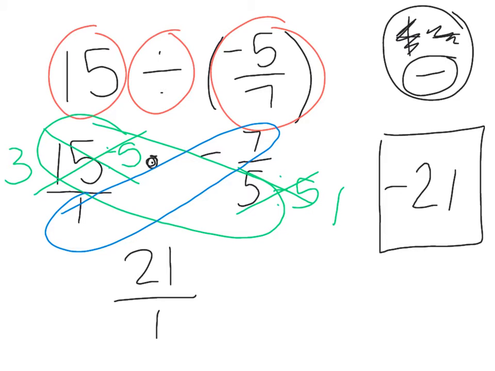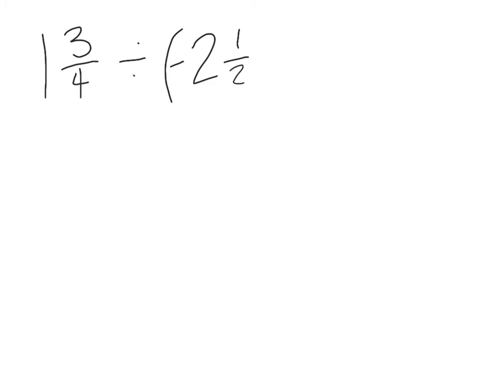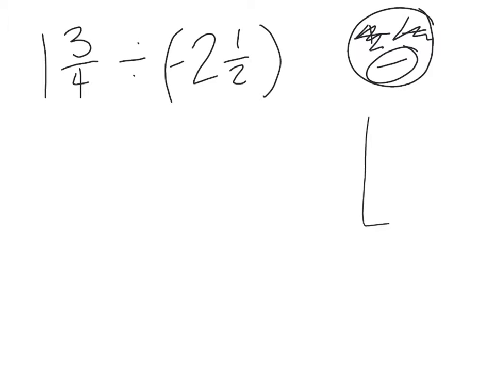All right, we're going to do one more type of problem here for dividing fractions, and this time we're going to use mixed numbers. So I have 1 3/4 divided by negative 2 1/2. Go ahead and get my punched in the eye guy. I have a positive divided by a negative. My final answer is going to be negative.